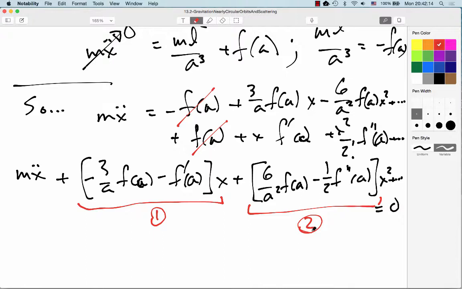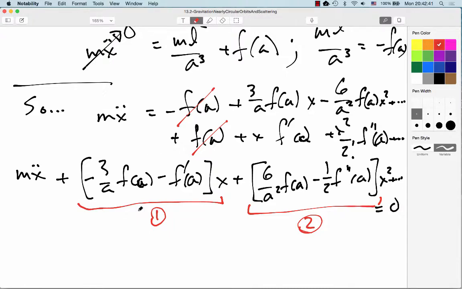So if the first term itself is non-vanishing, we need this term to evaluate to be positive. If we do, then these terms will all be negative, the higher order terms. This will look like a harmonic oscillator, and we'll have a stable orbit.